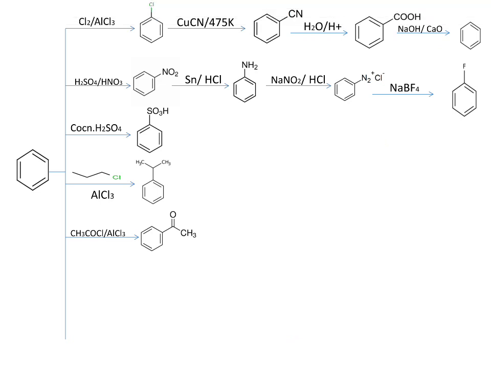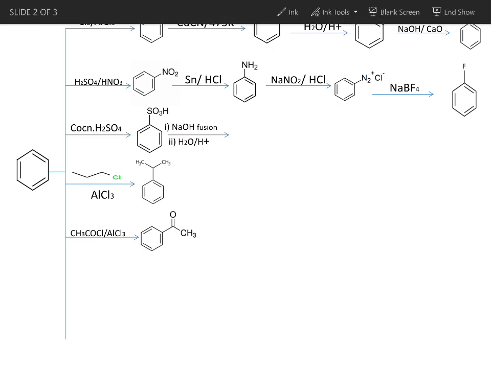In the next reaction, benzene is converted into benzene sulfonic acid with the help of concentrated sulfuric acid. Now this benzene sulfonic acid is further reacted with sodium hydroxide fusion followed by hydrolysis. In the first step it will get converted into sodium phenoxide.